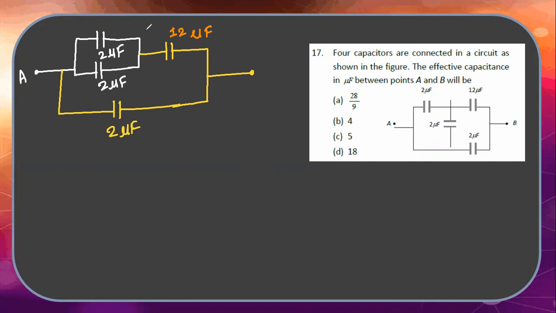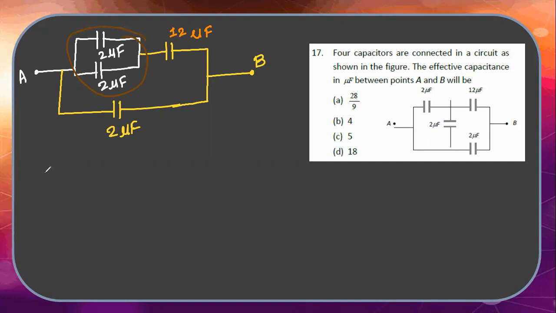See how these are: these are in parallel connection. If they are in parallel, the effective capacitance will be Cp is equal to C1 plus C2.